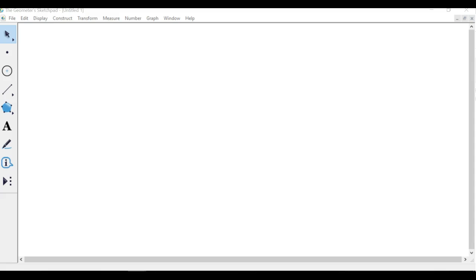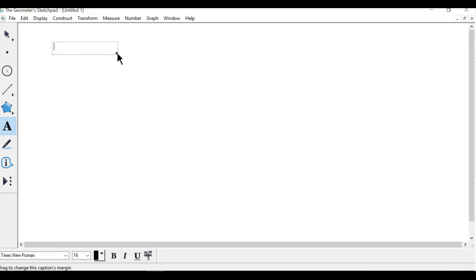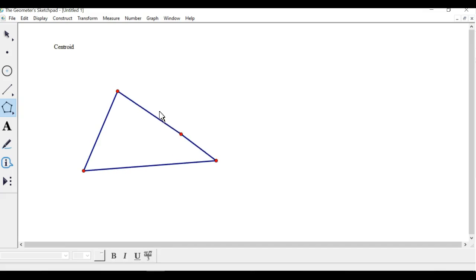Okay, so the first thing that we're going to look at is what we are going to call a centroid. Alright, so what I do is I need a triangle. So let's build the triangle here. Some arbitrary triangle.